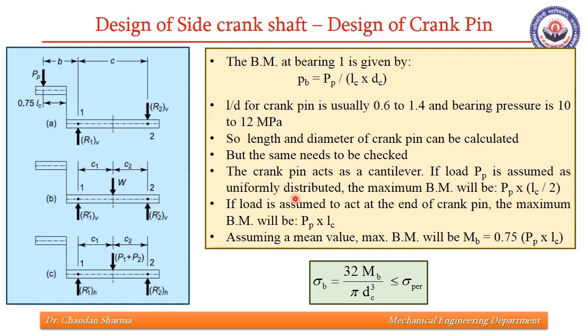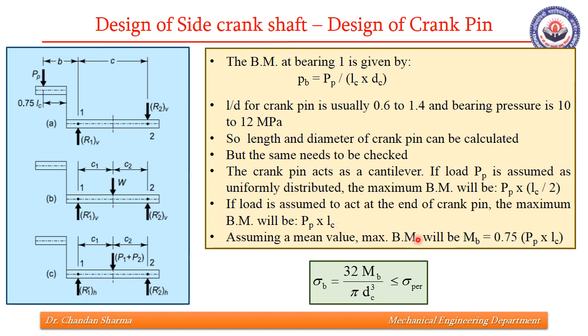If the load is assumed to act at the end of the crank pin over here, then the maximum bending moment will be PP into LC. The actual case will be somewhere in between these two cases. It was LC by 2, it is LC. So taking the mean of it, we can assume that load PP is acting at 3 by 4 of the length. The mean of half and 1 is 3 by 4.